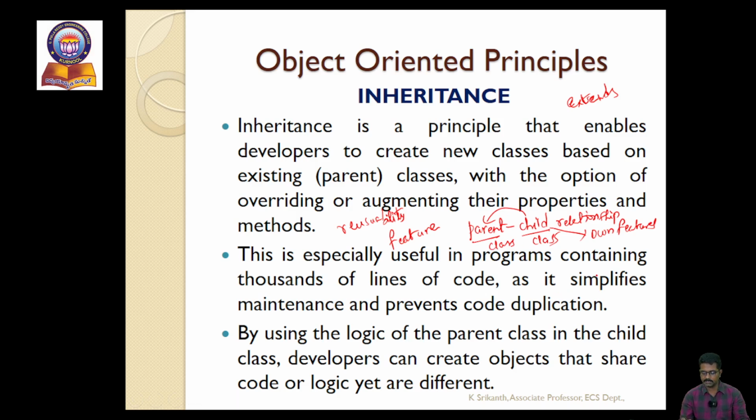And the child class has its own variables and methods, which is nothing but the extensibility of the application, right? So using inheritance, we can extend our application, where a lot of code is already present in your parent class, and now you want to create a child class which uses the parent class features, and it can extend with its own features, right?